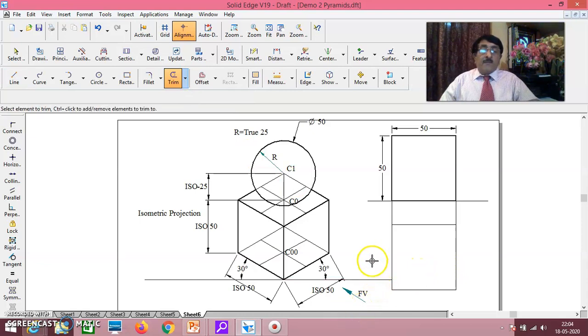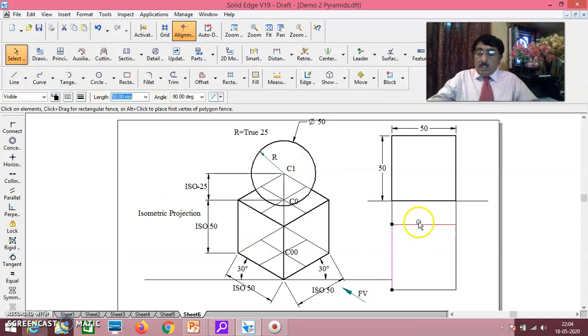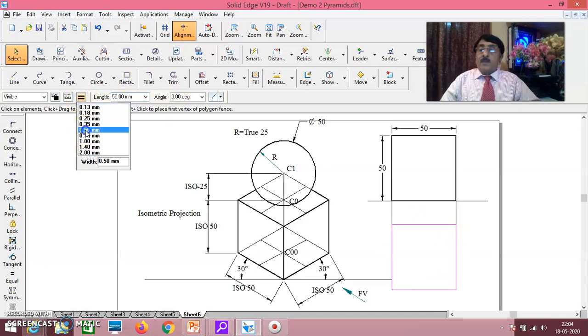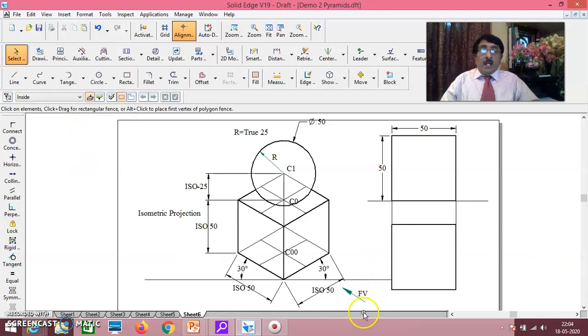Now you see here, this is the top view of the cube. I am concentrating on front view and the top view. Front view is this, top view is also a square.